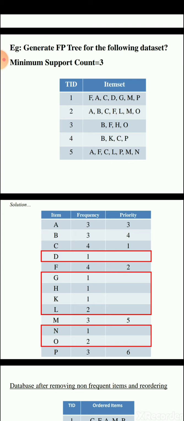So we will go to the solution. Here the items are written in one table with the frequency of the items, then their priority. Let us look at item A. You look at how many times A appears in the transaction database. You get 3.